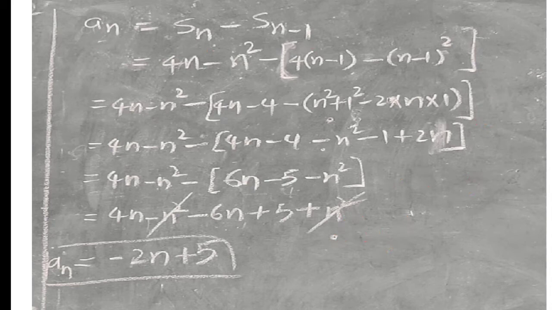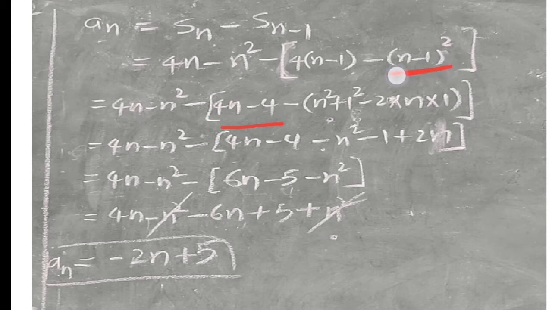Sn is as it is, 4n minus n square. Sn minus 1 means substitute n equals n minus 1 and simplify. So 4 bracket n minus 1 minus n minus 1 whole square. So 4n minus n square minus, continue the bracket as it is, 4 into n, 4n minus 4.